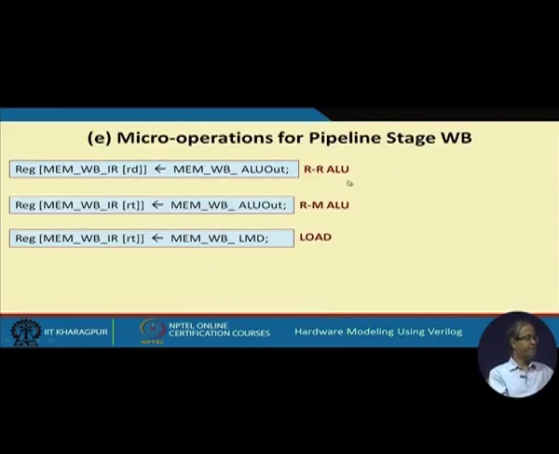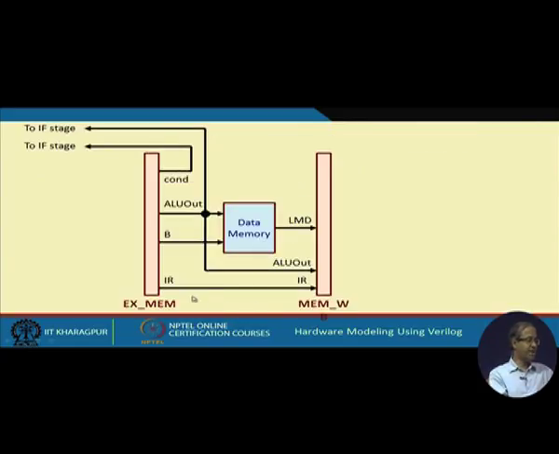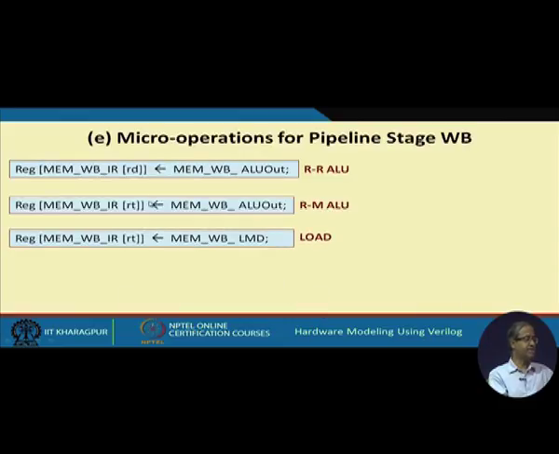Lastly, for WB, you see here both LMD and ALU out are used, that is why LMD is forwarded, LMD is there, ALU out is there and also IR is there because from IR you require RD or RT. So, if it is a register ALU operation, then ALU out will be stored in RD, that register. For register-memory it will be stored in RT.